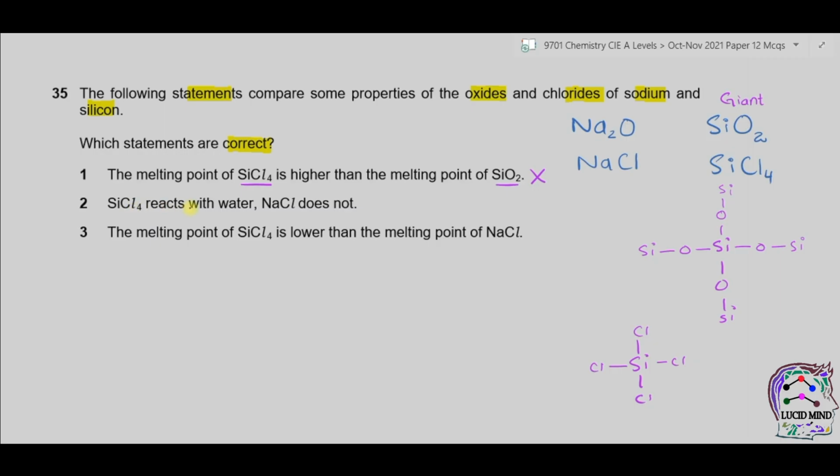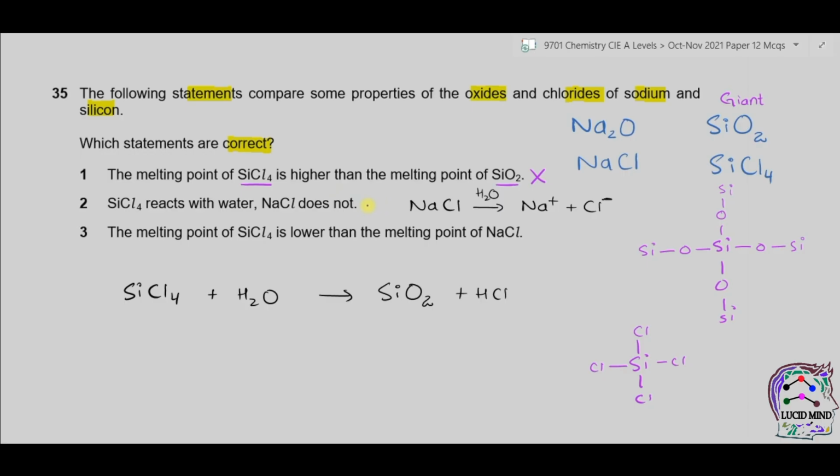Option 2, SiCl4 reacts with water, NaCl does not. Now we can write the equation. SiCl4 when reacted with water, it forms SiO2 along with HCl. While NaCl does not react with water, it only dissociates into its respective ions, Na positive and Cl negative.